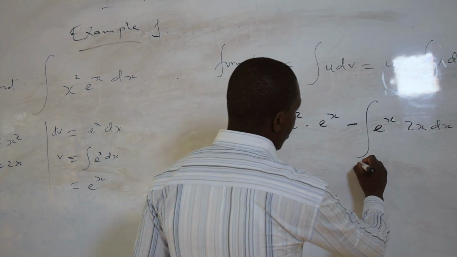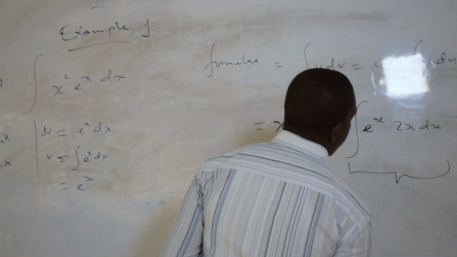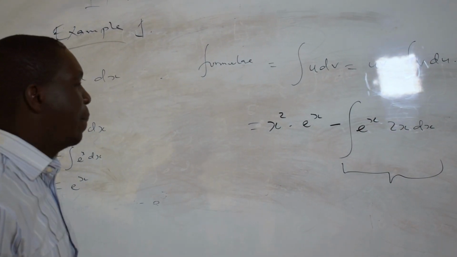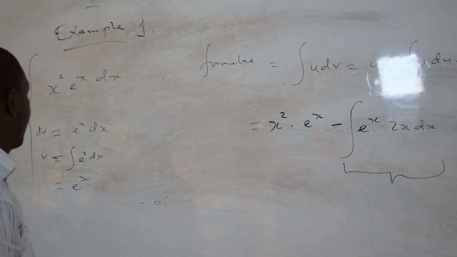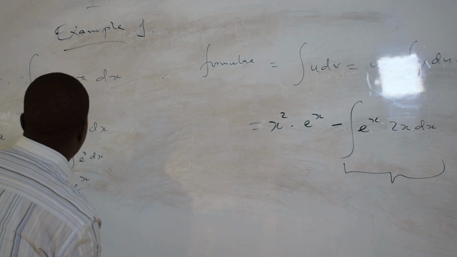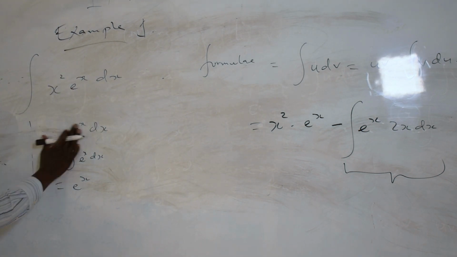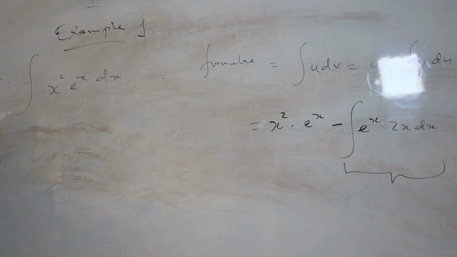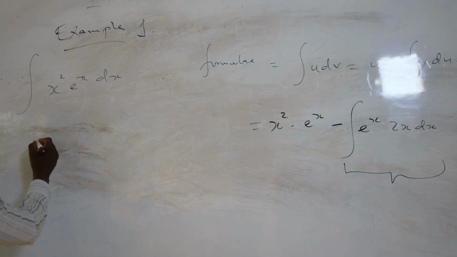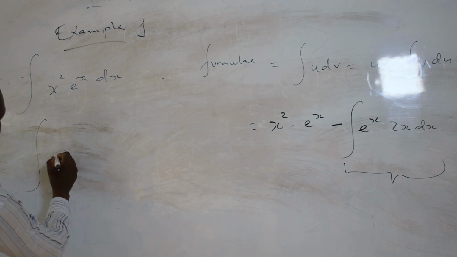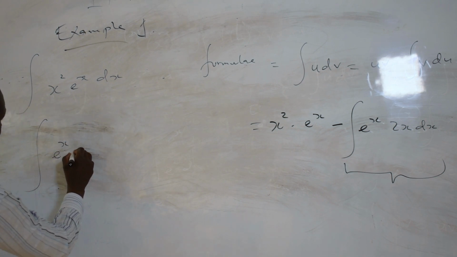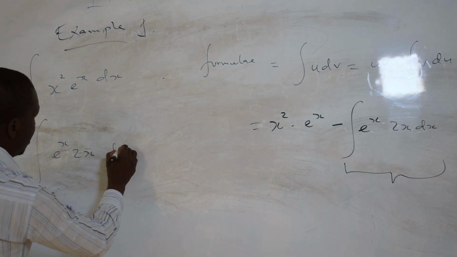Again, when we get here, we need to employ another integration by parts for the integral of e to the x times 2x dx.